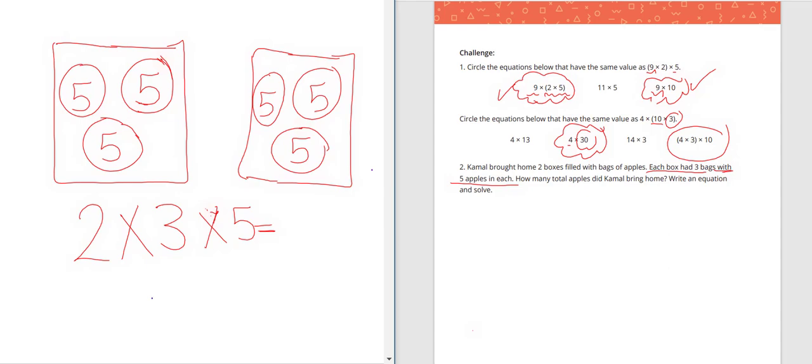Now we should get the result by any way. We can take the first with the second, like 2 times 3 between brackets times the third number 5.